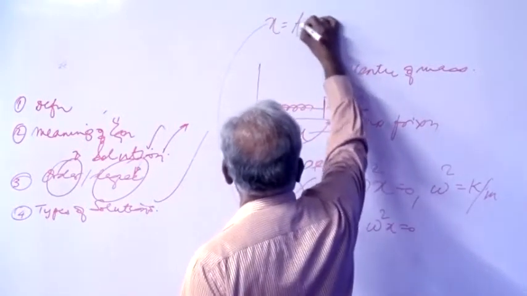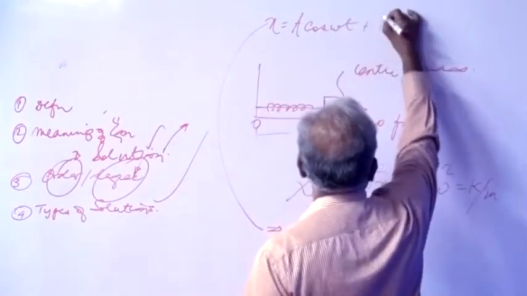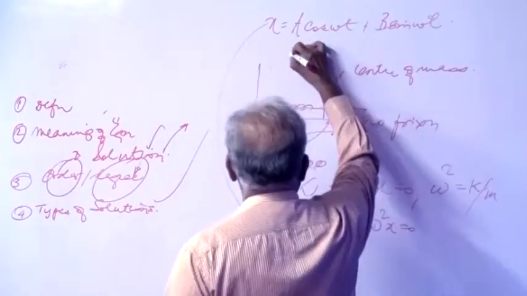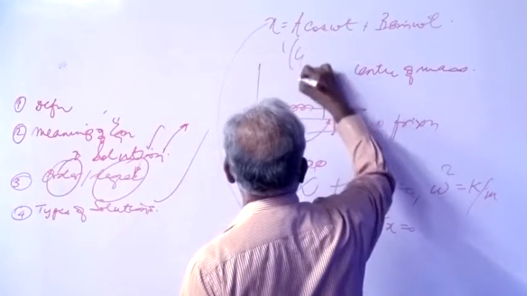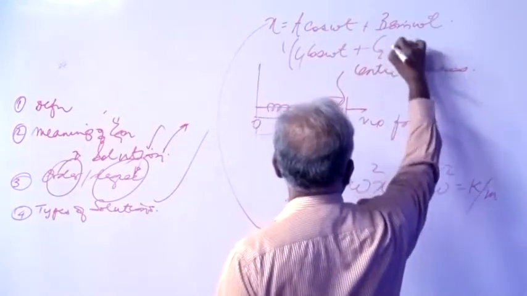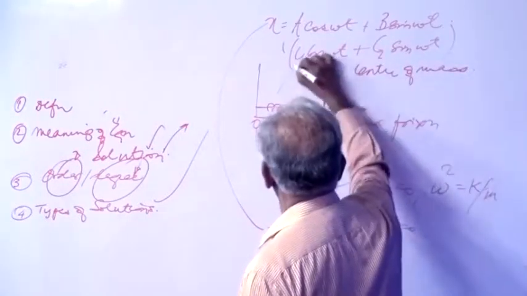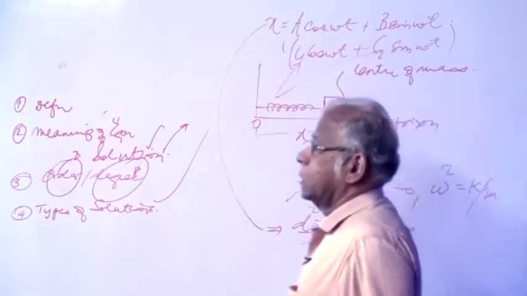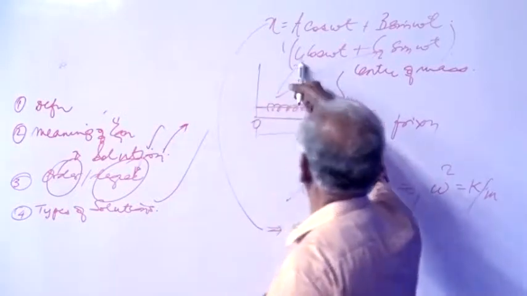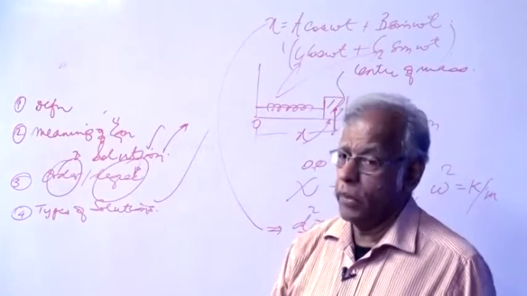x is equal to a cos omega t plus b sin omega t, or you can write C1 cos omega t plus C2 sin omega t. C1 and C2 are written to re-emphasize that there are two independent arbitrary constants, and it is very important to understand the meaning of independent arbitrary constants.